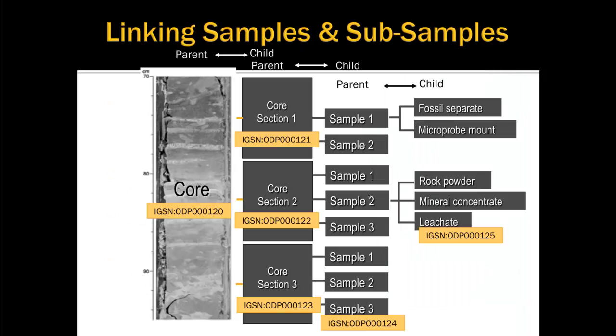Here, this is to emphasize what I mentioned earlier, the linking of samples and subsamples, just showing you how many layers or levels of hierarchy we can accommodate. I mean, it's endless. We could have endless children of children, grandchildren further on, and again emphasizing that the numbers generated for the children are not consecutive or in any way related to the IGSNs of the parents.